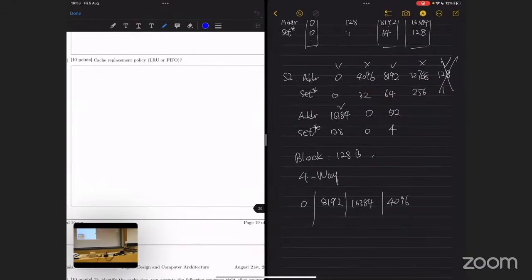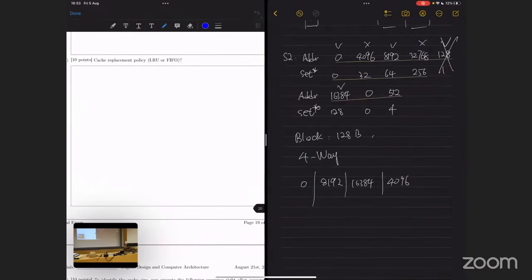And then for the next access 8K, it will hit. For the next access 32K, it misses, and it is going to replace a cache line in this set. So if it is the first in, first out policy, it will replace 0. So we end up with the sequence.